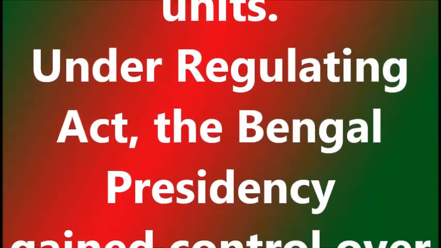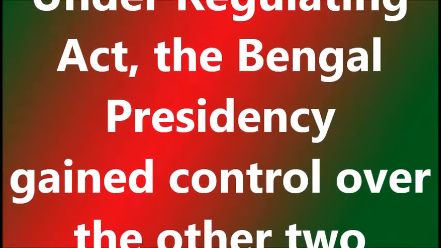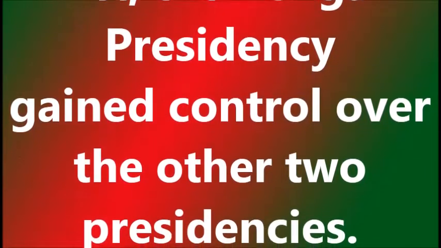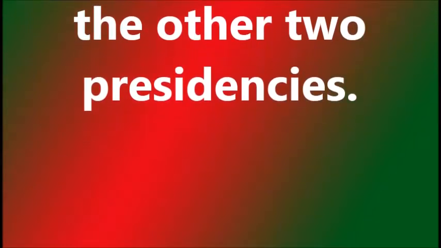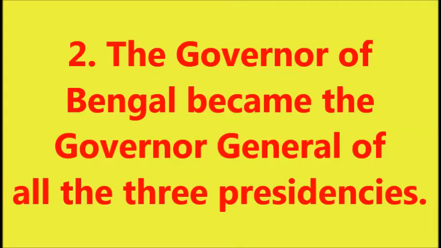Under Regulating Act, the Bengal presidency gained control over the other two presidencies. The second one of Regulating Act of 1773 is the Governor of Bengal became the Governor General of all the three presidencies.